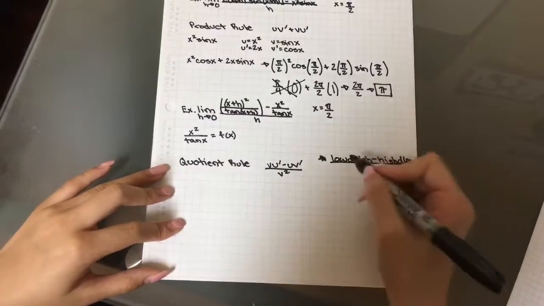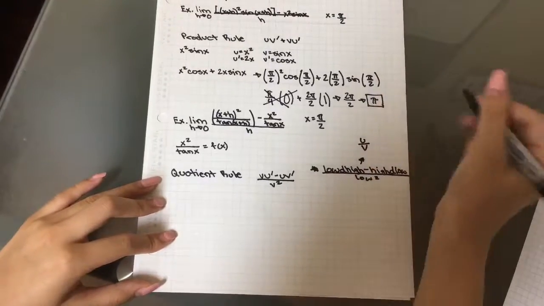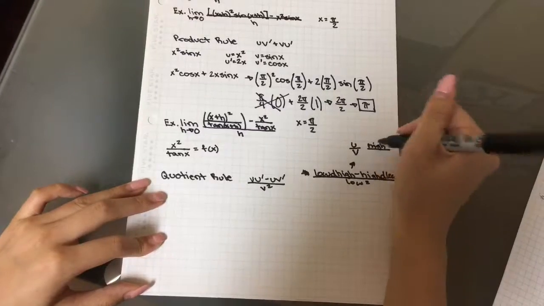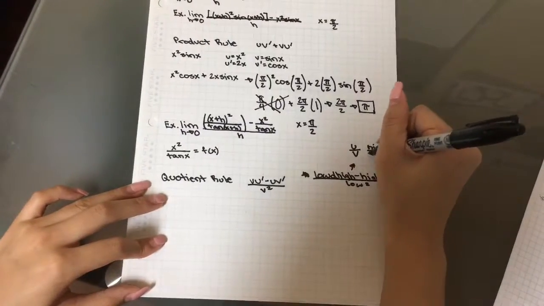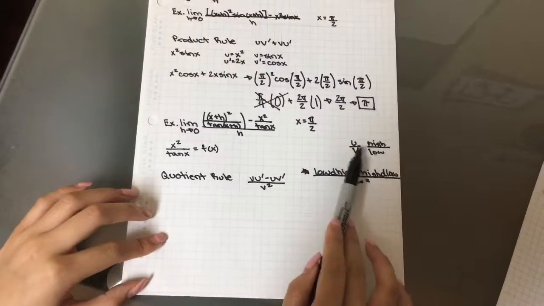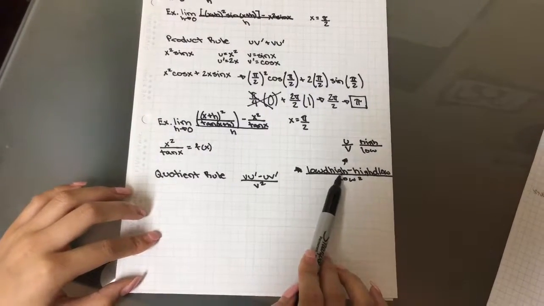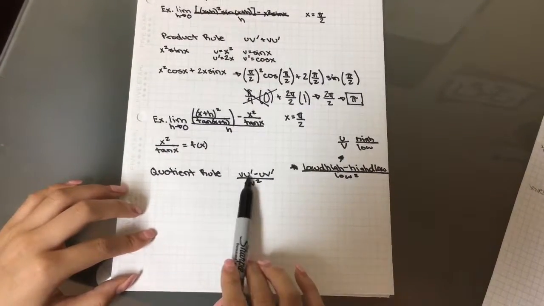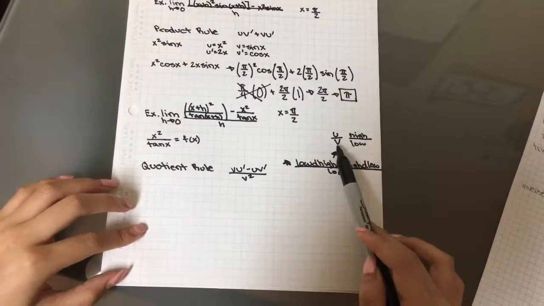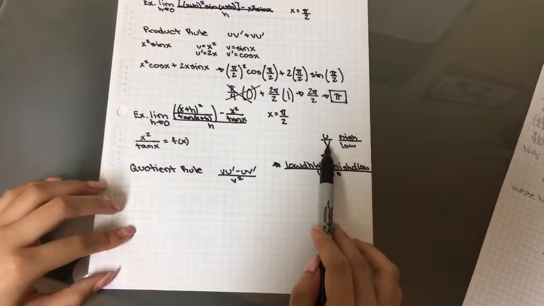The low and the high refer back to u over v, where u is high because it's on top, it's higher than the v, and v is going to be low. So you would go low, so v, times the derivative of the high, which is the derivative of u, minus high, so u, times the derivative of v, u v prime, all over low squared, which is v squared.